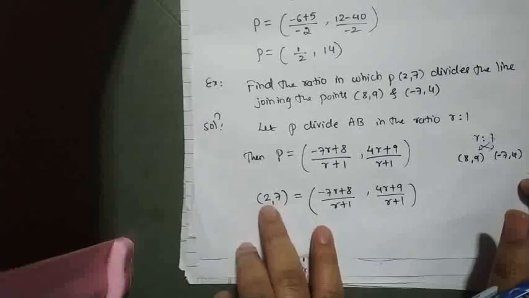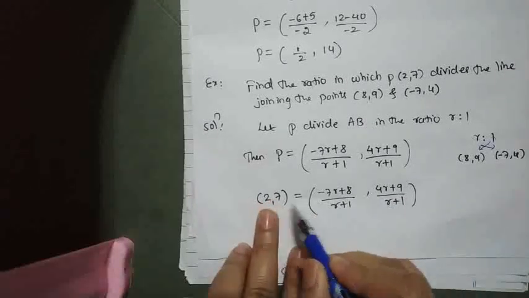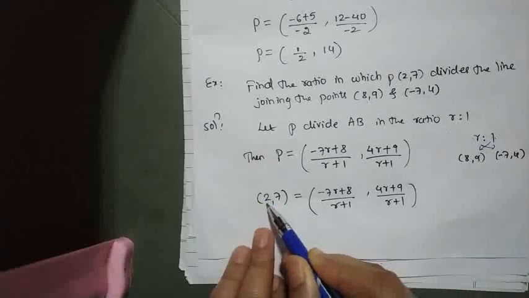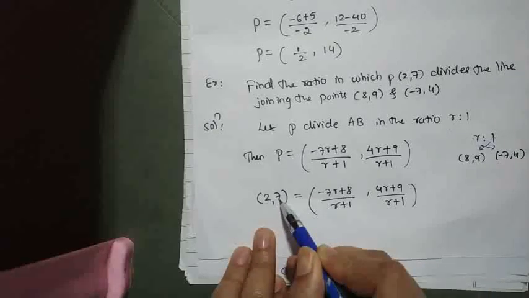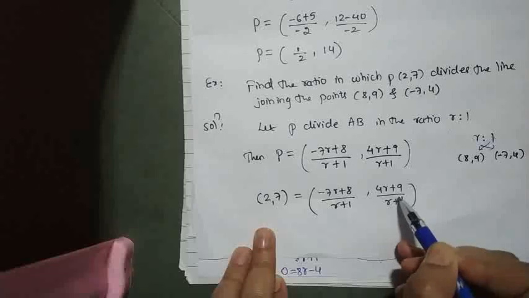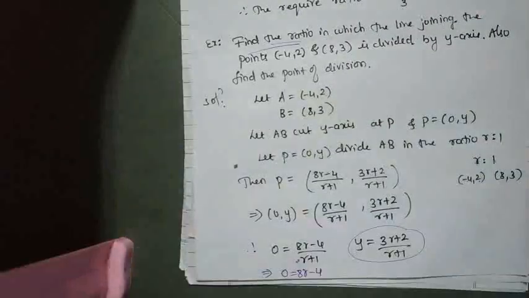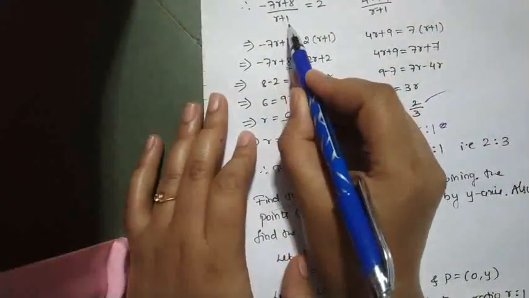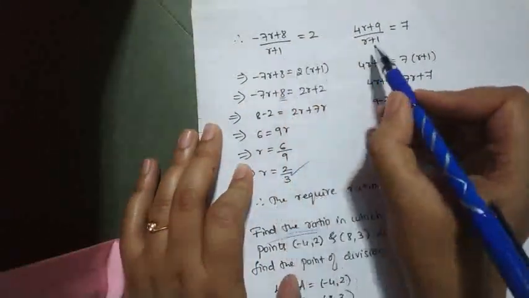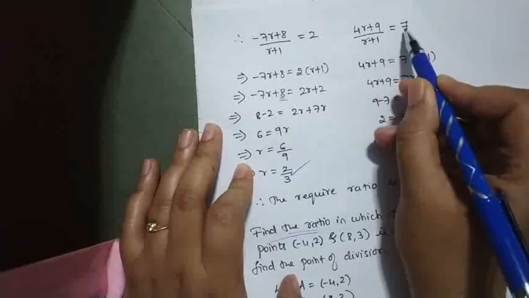So here we are equating these two. That is, 2 is equal to (-7r plus 8) by (r plus 1), and 7 is equal to (4r plus 9) divided by (r plus 1). Solving this one, that is (-7r plus 8) by (r plus 1) is equal to 2, and (4r plus 9) by (r plus 1) is equal to 7.